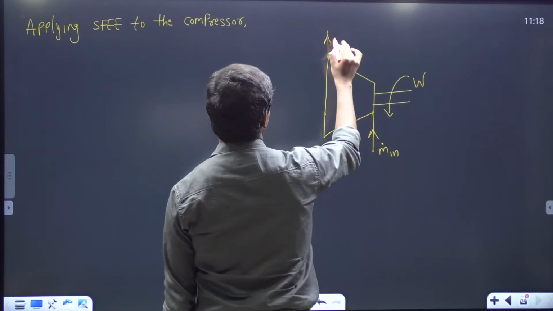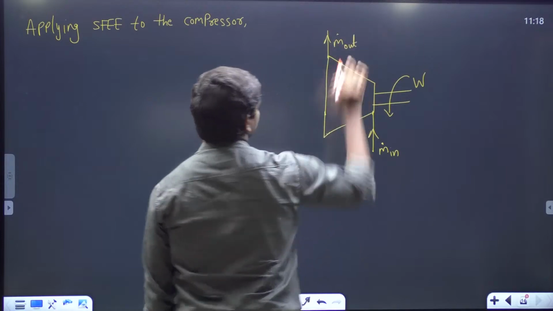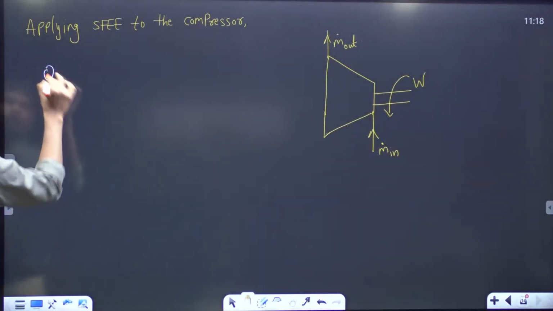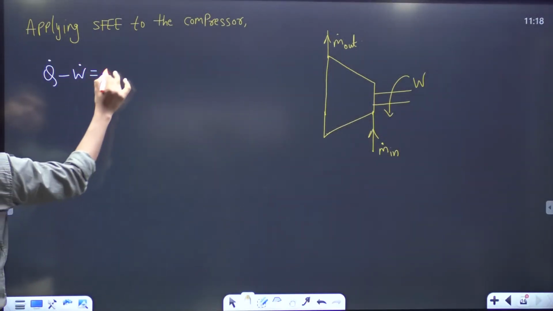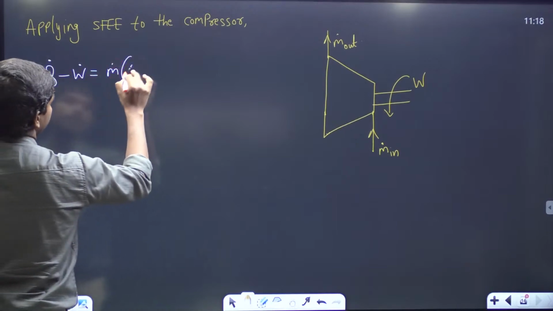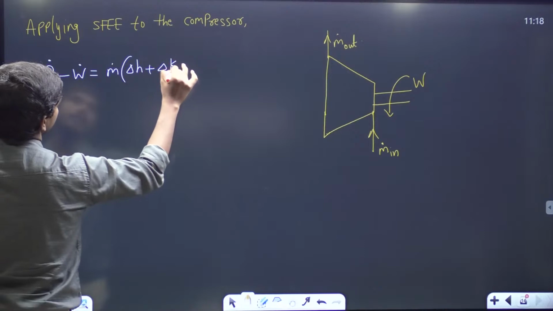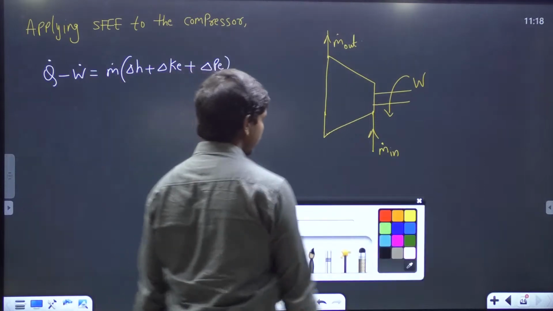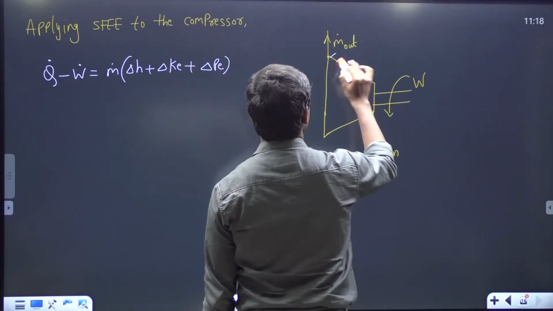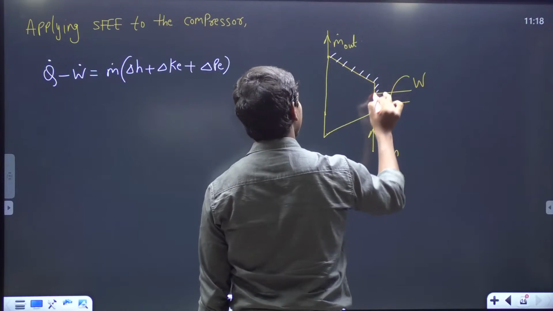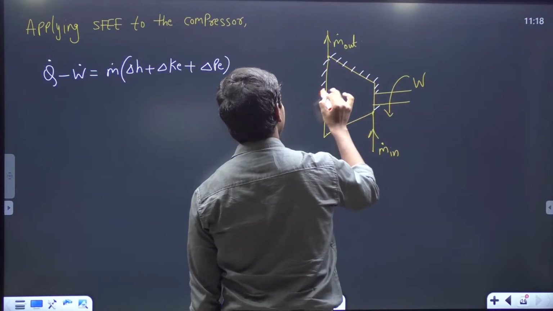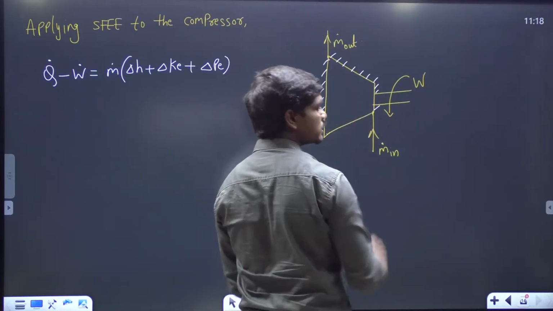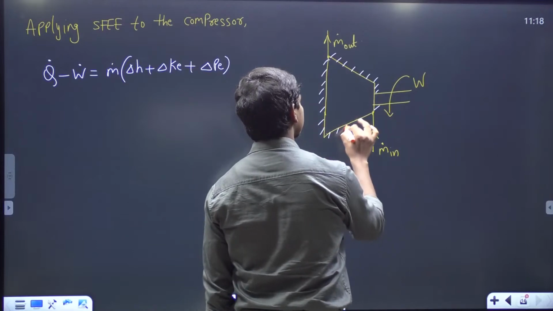Let us suppose all these devices that we are discussing are operating at steady state. Okay, so if you see, Q dot minus W dot is equal to m dot into delta H plus delta KE plus delta PE. So these compressors are generally perfectly insulated because you don't want the work that you supplied from some external source with a lot of difficulty to go out of the system as heat. So generally you will insulate the things.